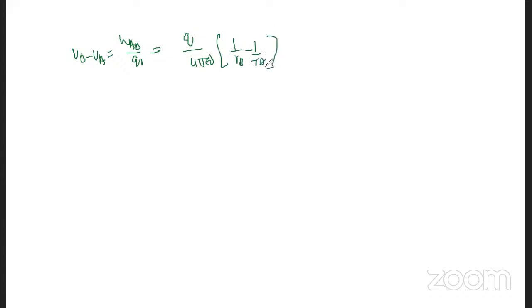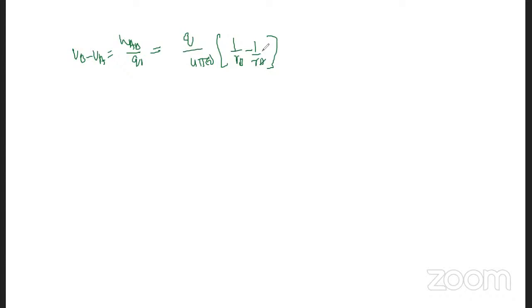So this is the work done in order to move a charge from point A to point B. VB minus VA is equal to Q by 4 pi epsilon naught into 1 by RB minus 1 by RA.